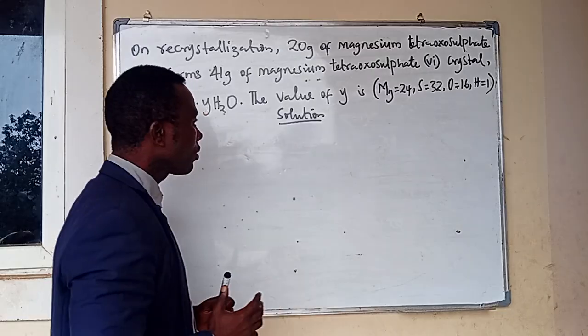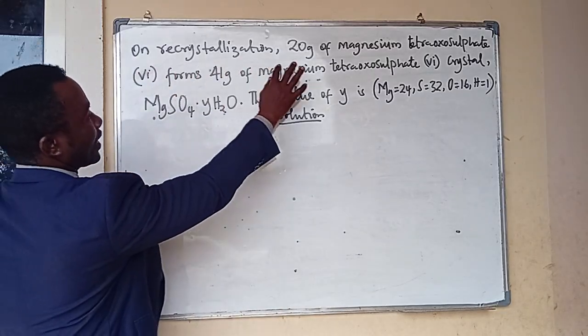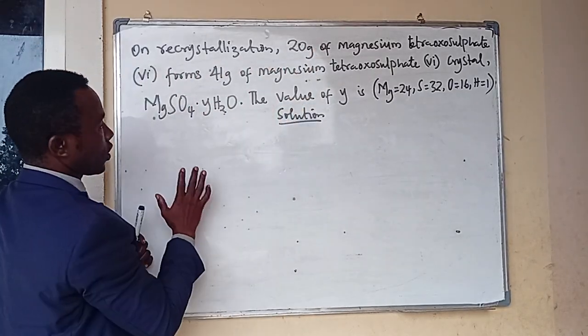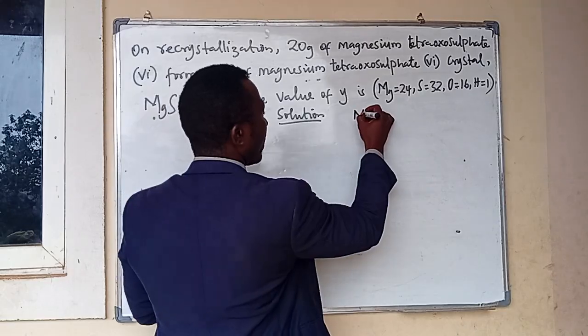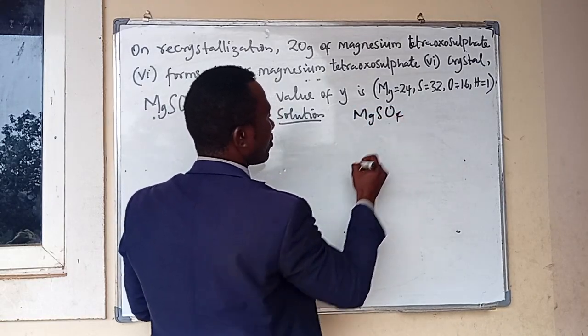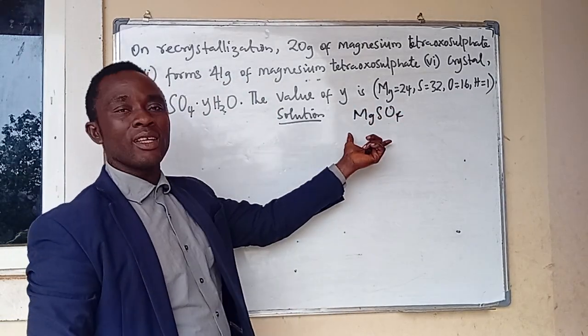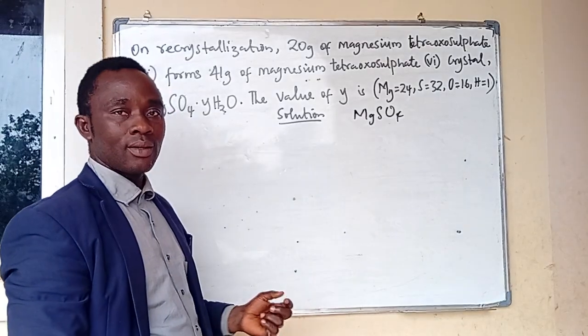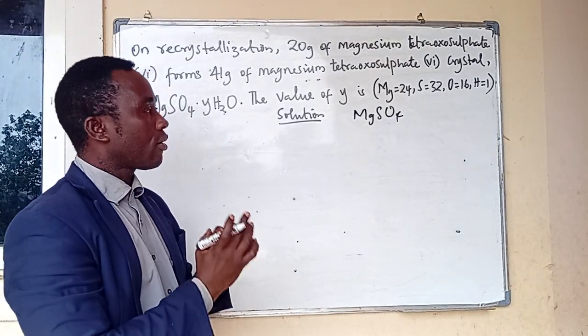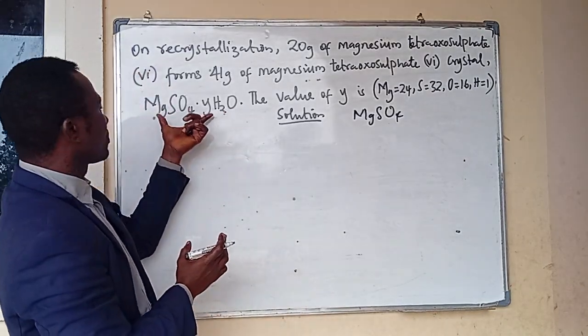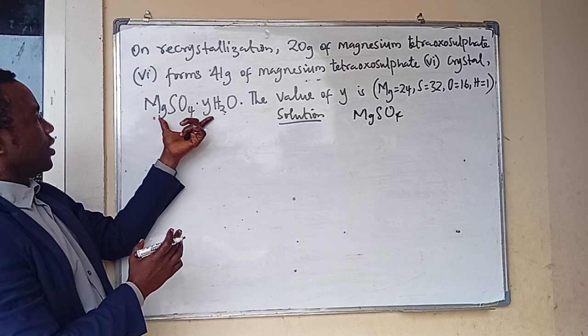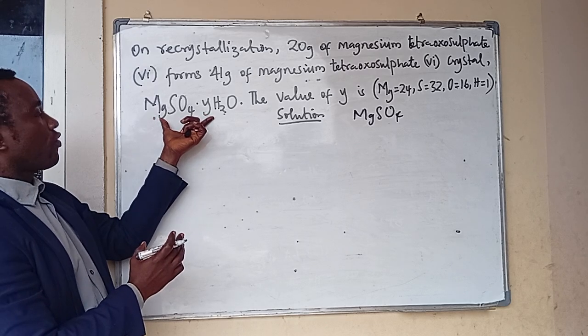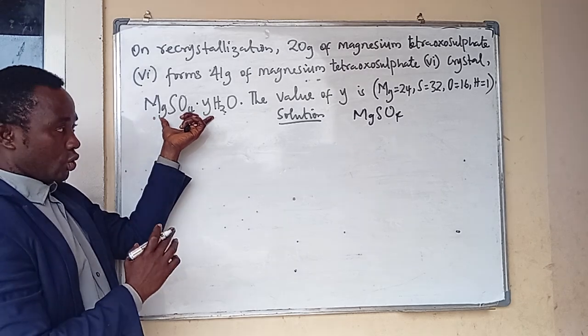Now, look at this. They say on crystallization, 20 gram of the salt. The salt is what? MgSO4. But when it was recrystallized, it carries some water of crystallization and became MgSO4.YH2O.